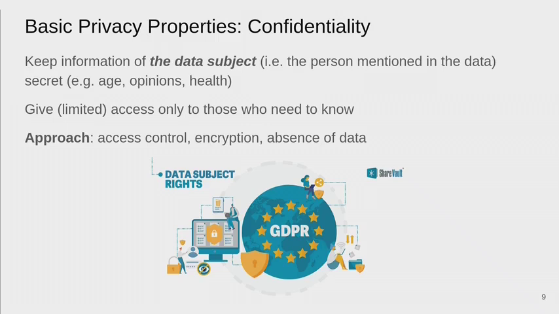With privacy, we care about a person owning data, right? And in privacy, confidentiality means that the data of an individual remains private and confidential, not the data of the company. So you would give limited access only to those who need to know. And this can again be access control, encryption, or absence of data. So you would keep these aspects secret and protected.